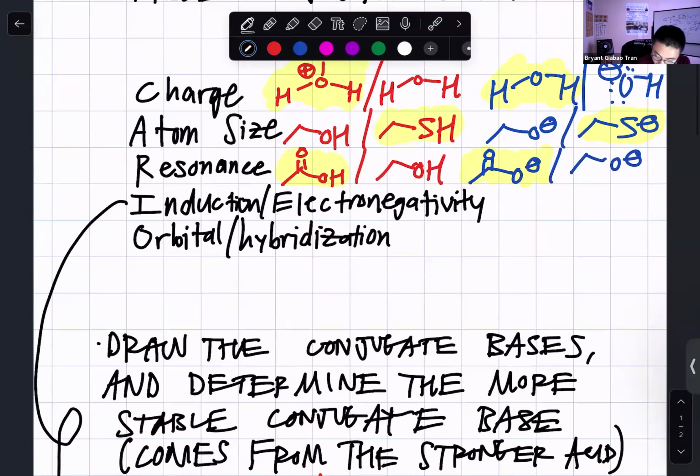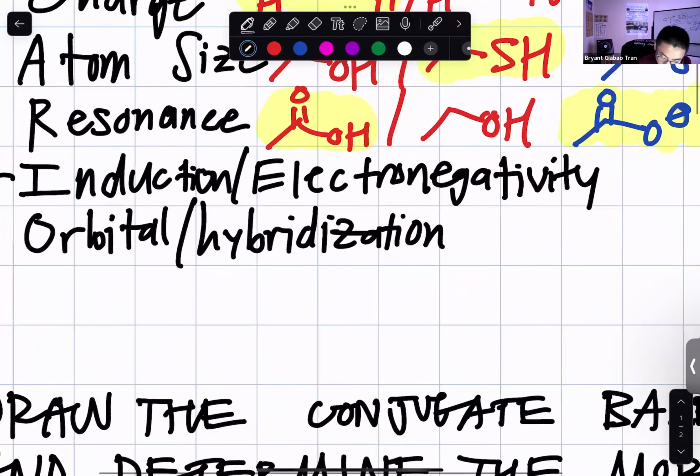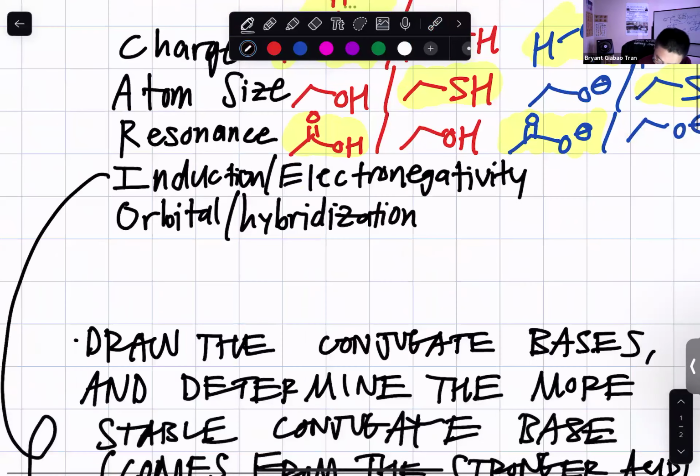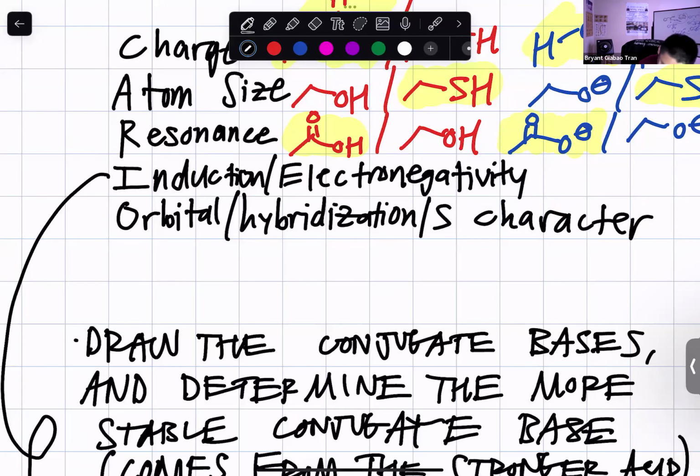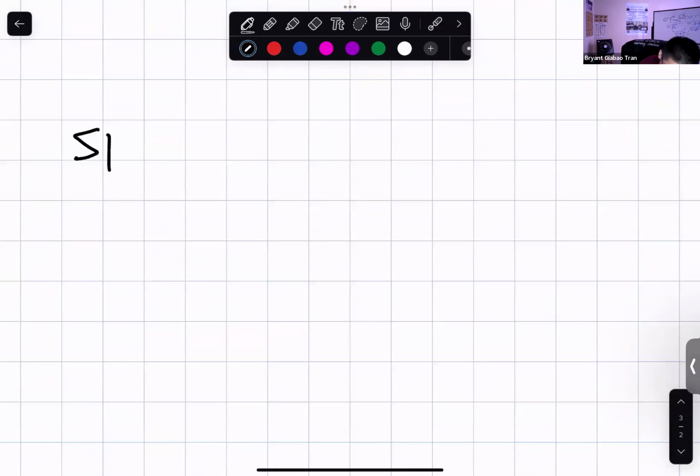Now, the other scenario is orbital or hybridization. What this factor is talking about is the s character. So we could either have sp3 versus sp2 versus sp.